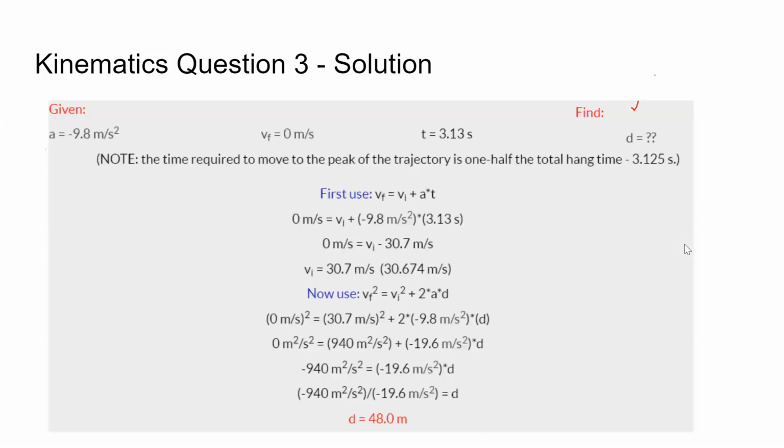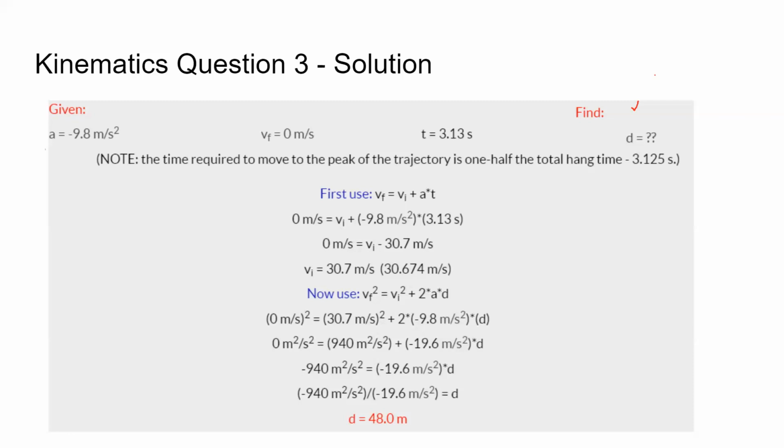So here's the solution to the third kinematics question. We can use the given information to solve this question. From the question itself, we can retrieve that acceleration will again be negative 9.8 meters per second squared because it is a projectile motion question and this ball is thrown in the air.